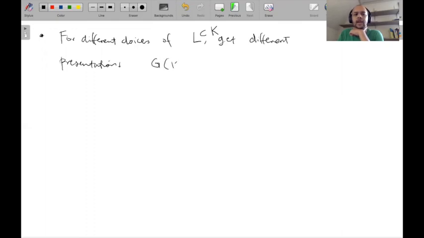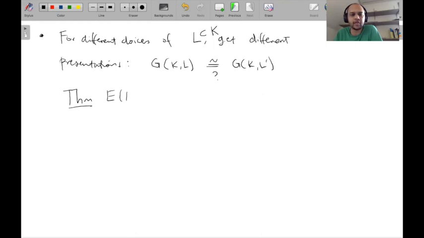You know, you have G_{K,L} and G_{K,L'}. And it's not at all clear that these define isomorphic groups. I mean, it's the same sort of problem. You have two different presentations of some group, and are they the same group? And so group theoretically, that's not an easy thing to decide. But of course, well, we are going to show that different choices of L define the same group. And that's part of the content of this theorem.